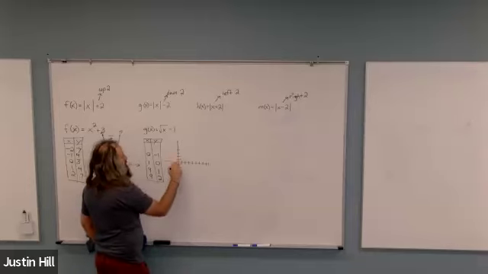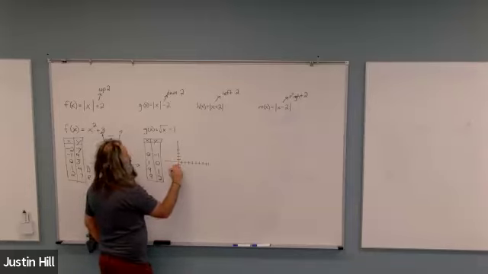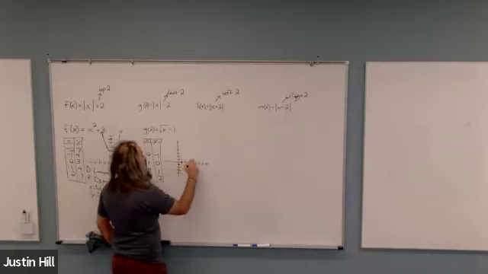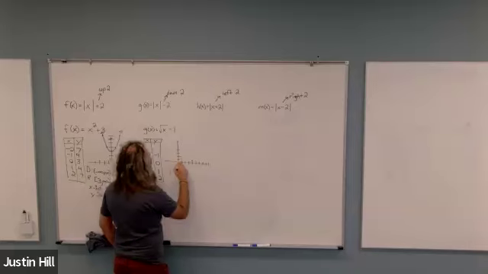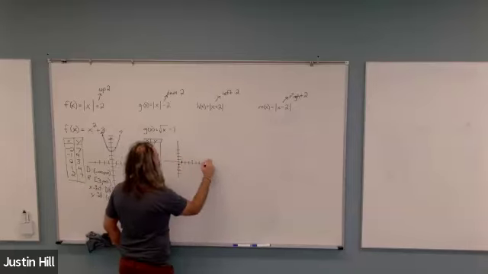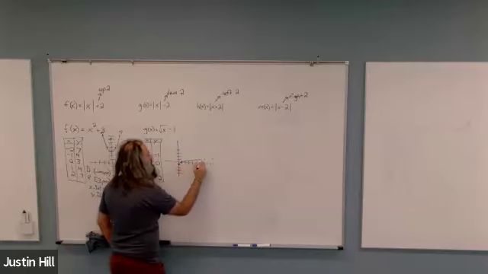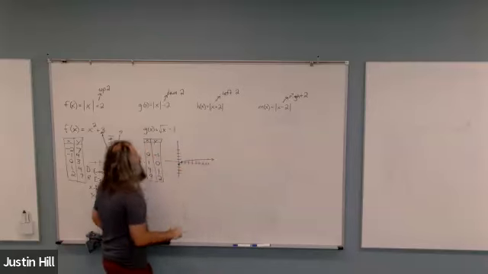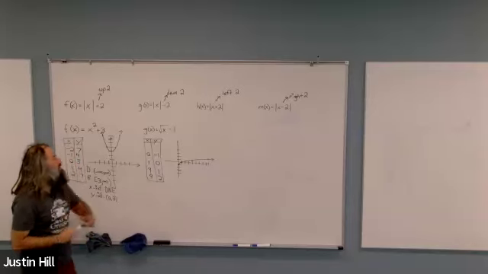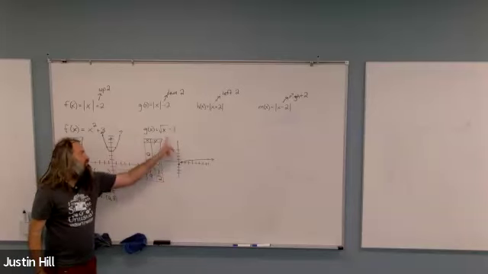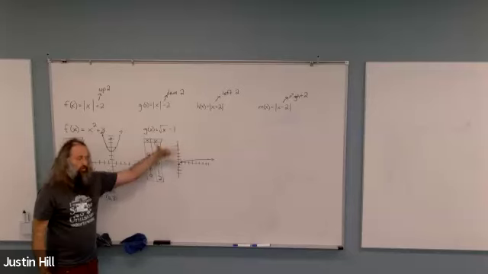We're gonna have 0, -1; 1, 0; 4, 1; and 9, 2. So we do get this little swoop going out. And it is the same shape as square root of x from Tuesday, but we've moved it down.